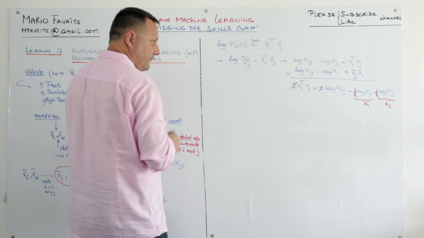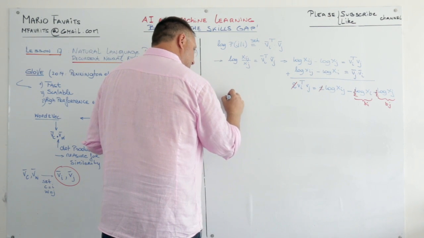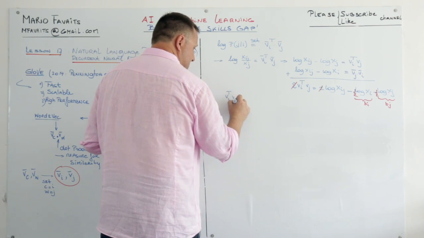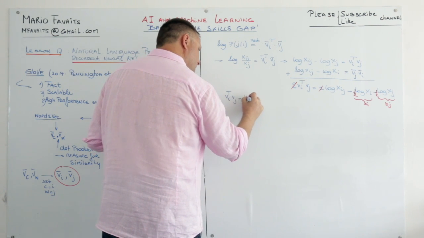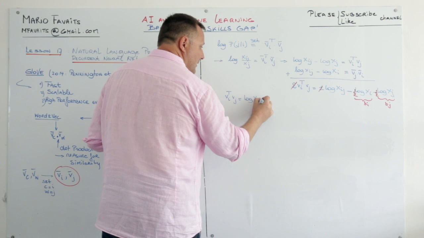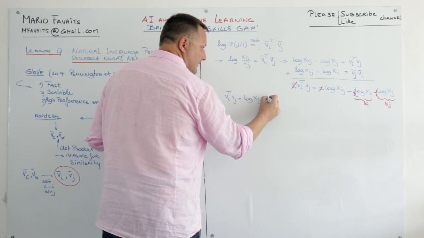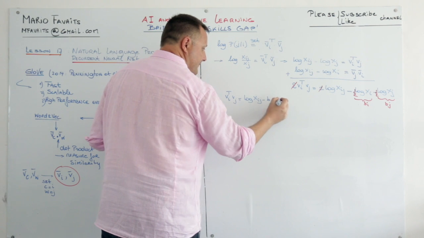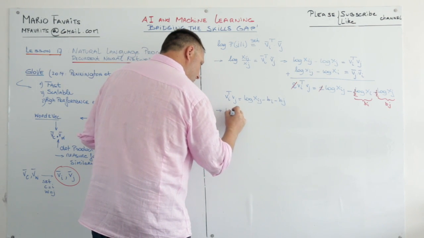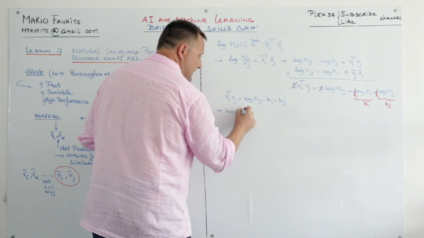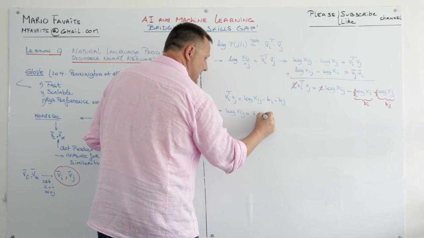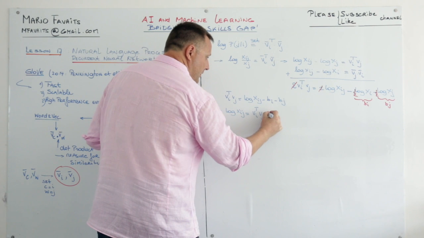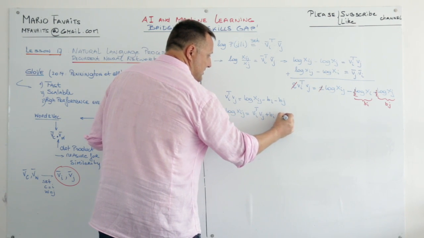Alright, so we have then that Vi transpose Vj equals the log of Xij minus bi minus bj. That means that the log of Xij, this one here, is Vi transpose Vj plus bi plus bj.